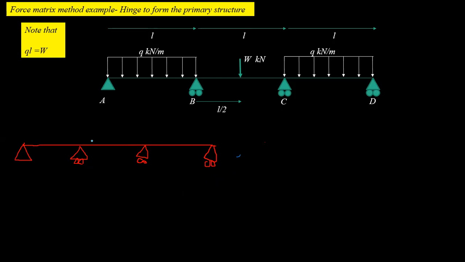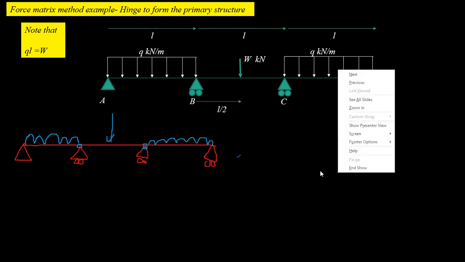L is equal. We are forming a hinge here, and we have loading here. Note that QL is equal to W, because it's easy for you to simplify them. Otherwise, with Q and W, you can't simplify the answer.